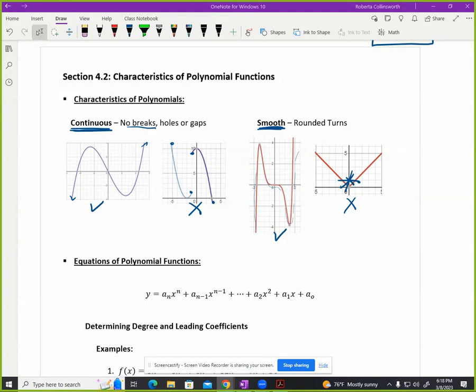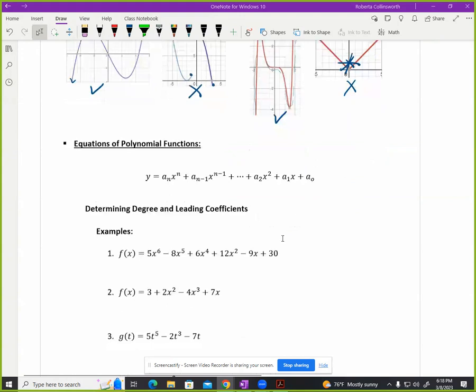Another example of polynomial functions is that when you write them in general form, like our quadratic, so this is our quadratic, and we talked about this being in general form, our exponents are in decreasing order.